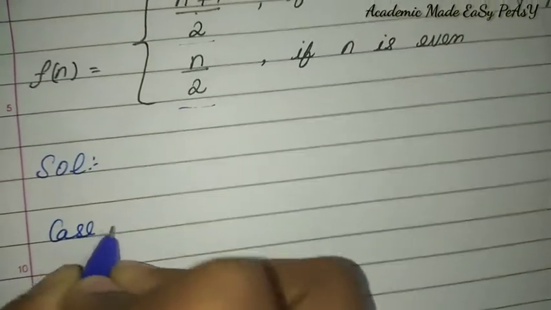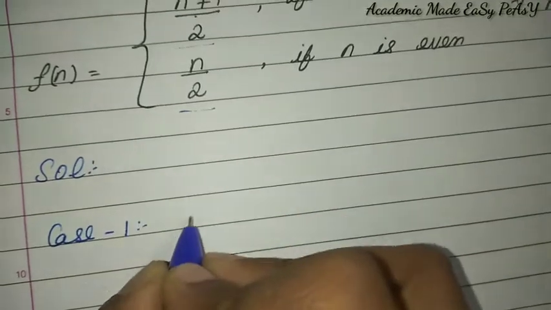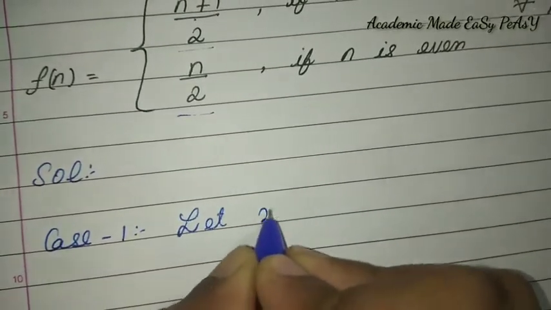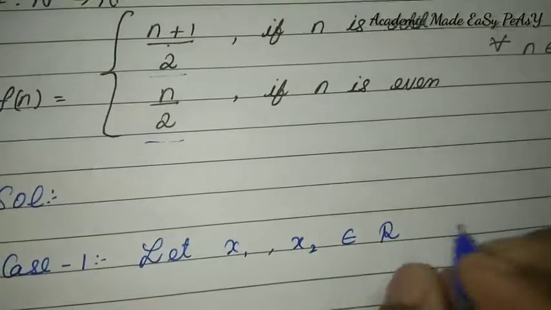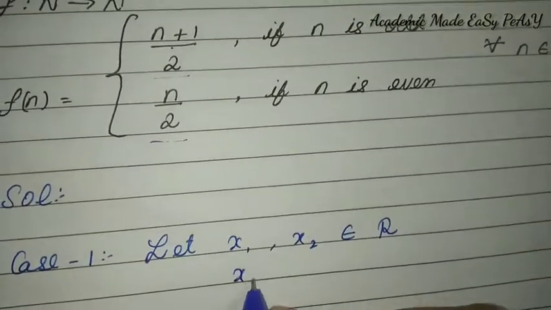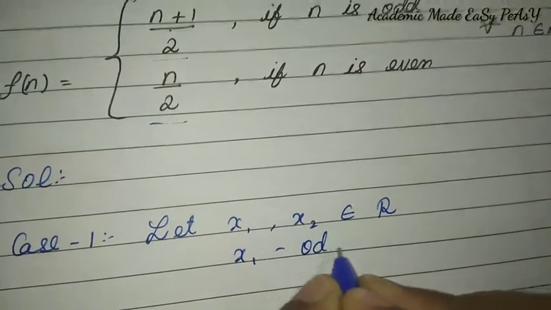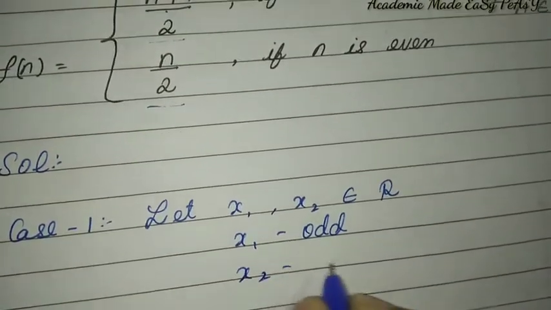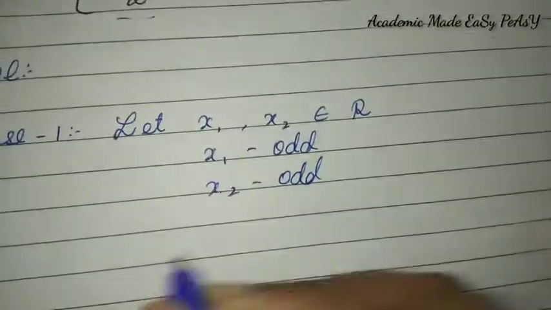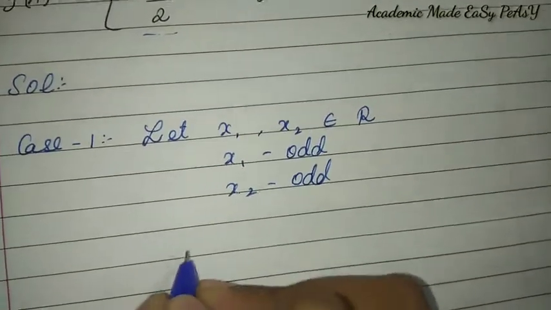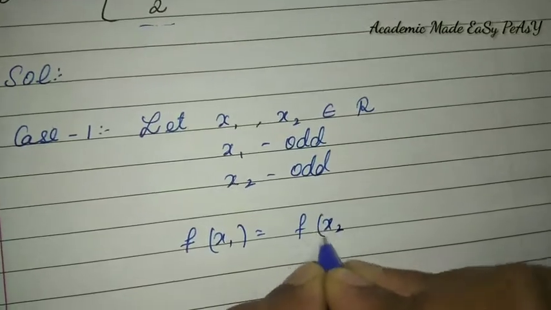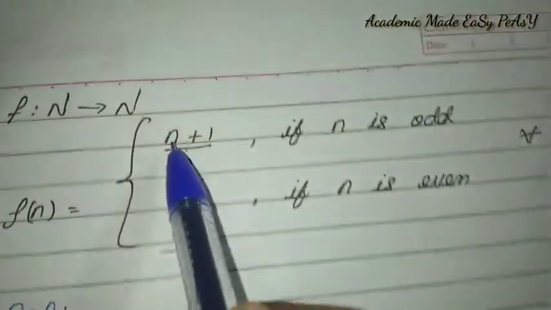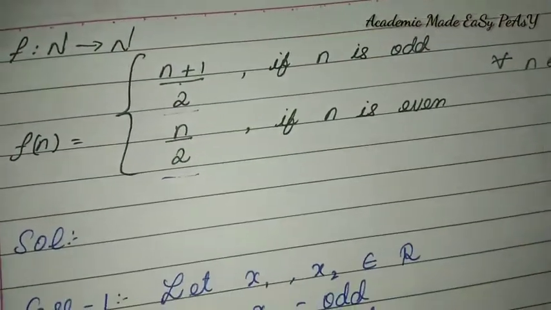Case 1. Let x1, x2 belong to R where x1 is odd and x2 is also odd. So I will have f of x1 is equal to f of x2, and in place of n we will be replacing by x.